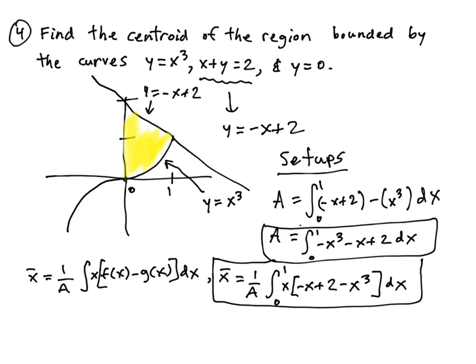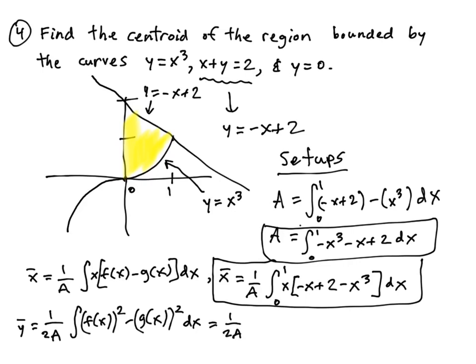And how about y bar? Y bar is going to be 1 over 2a, and we're going to integrate the first function squared minus the second function squared dx. So this is going to be 1 over 2a times the integral from 0 to 1.